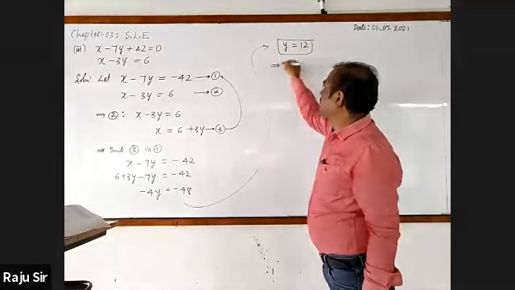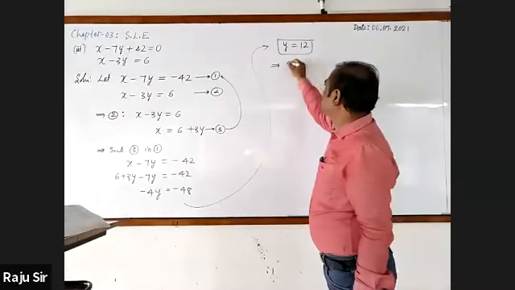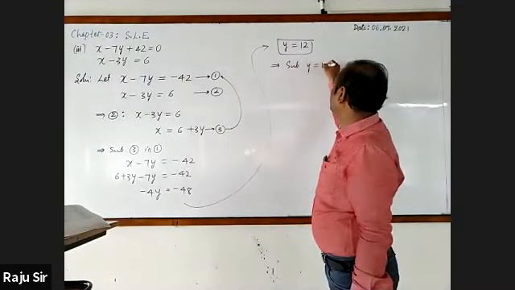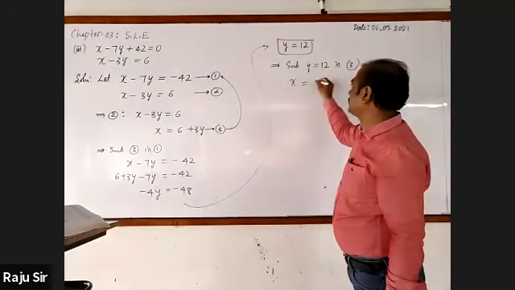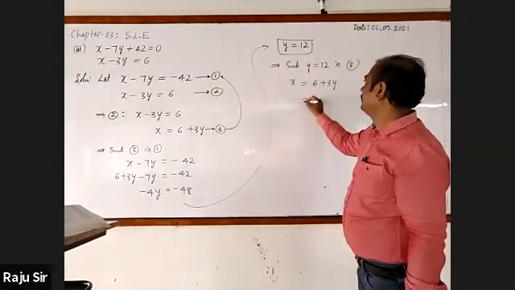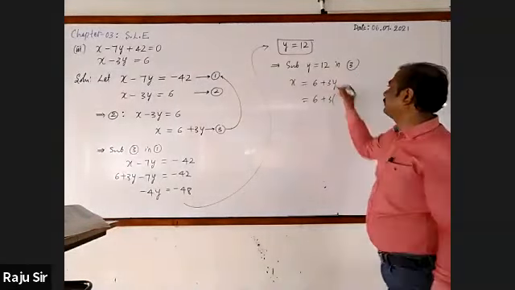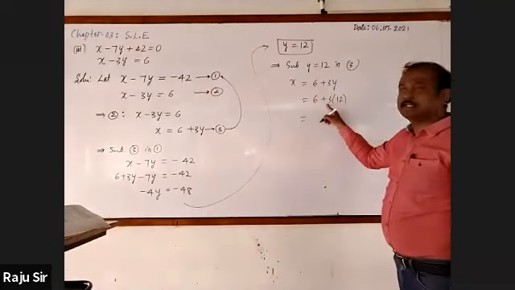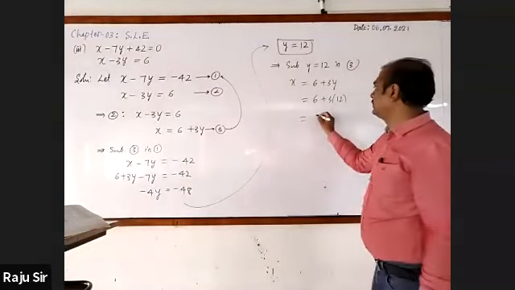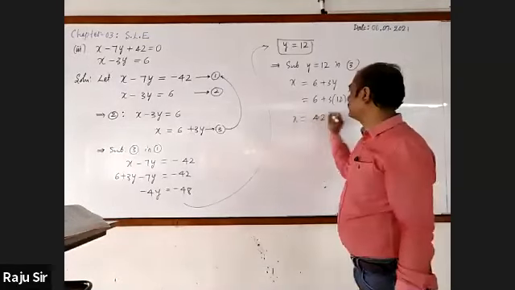So hope you have got the same answer. Next, let us substitute y is equal to 12 in equation 3, where equation 3 is x equal to 6 plus 3y. 6 plus 3 into, where y is 12. 12 3s are 36. 36 plus 6, 42. x equal to 42.